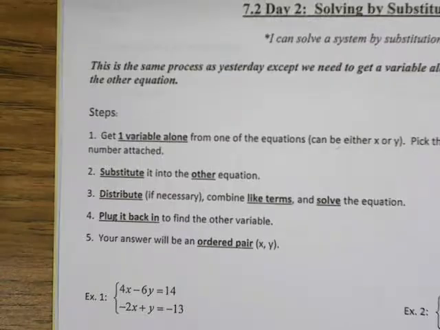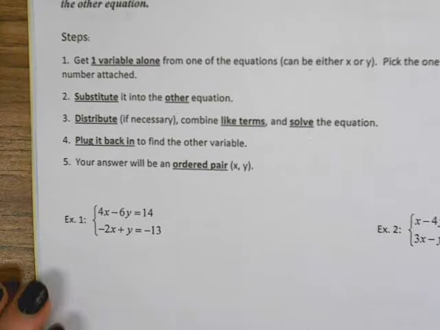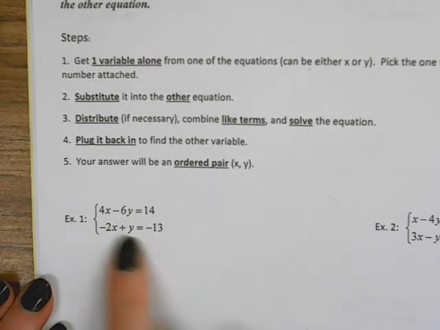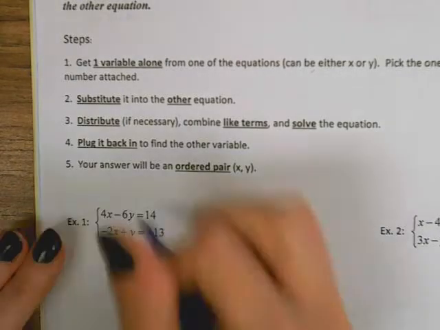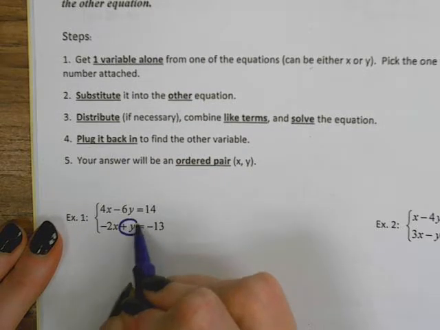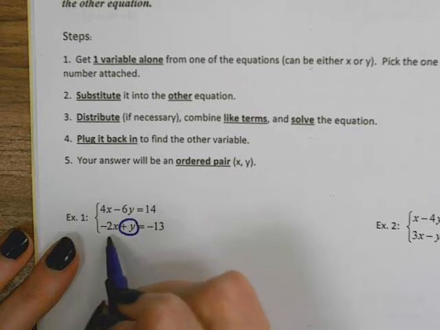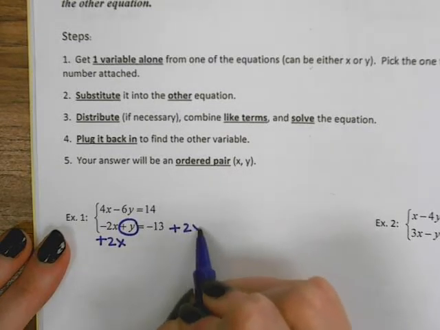Remember, the first step is to try to find a variable that's alone, but in number one, I don't see anything alone yet. So we're going to have to get one of them alone first. So I'm going to try to get this y alone. If you want to get this y alone, you're going to have to add the 2x to the other side first.